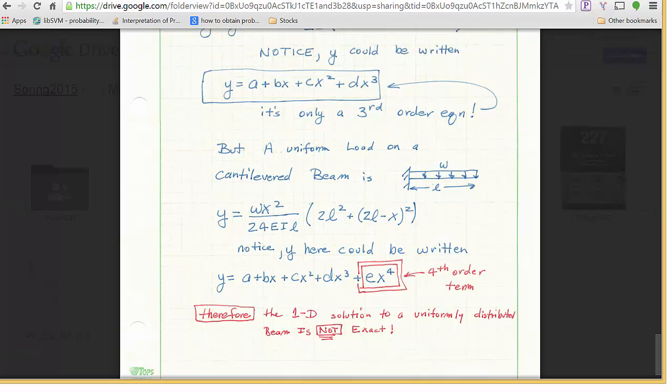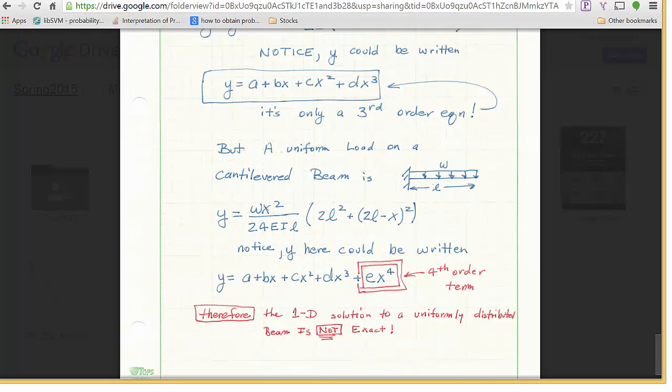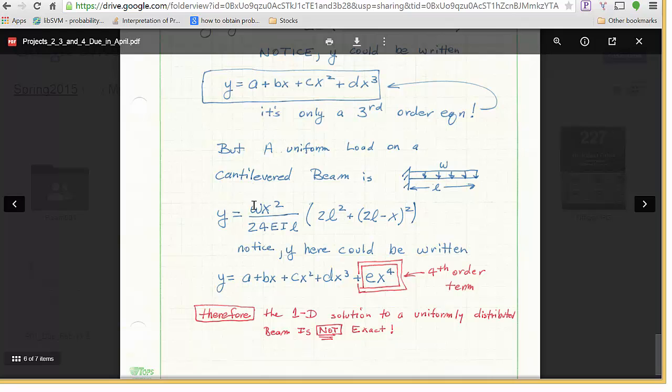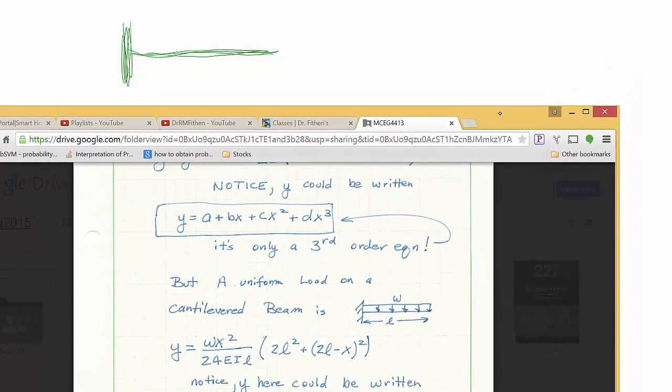We're going to take just a cantilevered beam. Just one beam. And we're going to look at his solution. Now, I wrote it in here, but I'm going to draw it back up. He had wx squared, so I'm going to try to move this down and copy this as well.